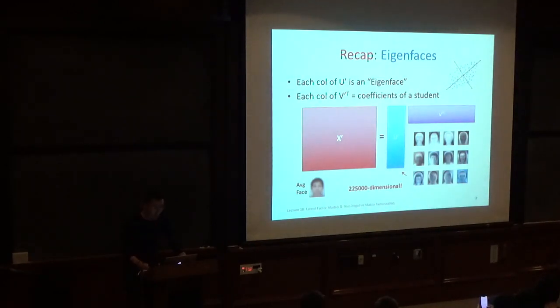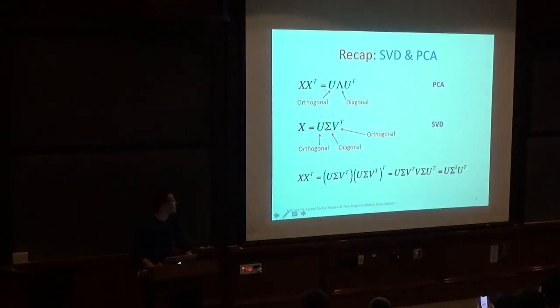Okay, so we spent a bit of time in the previous lecture talking about eigenfaces as one grounded example to think about applications of these types of unsupervised learning techniques. In eigenfaces, each column of U is, and I should mention that we did a few modifications to get U prime and V prime because we wanted to get rid of this sigma.